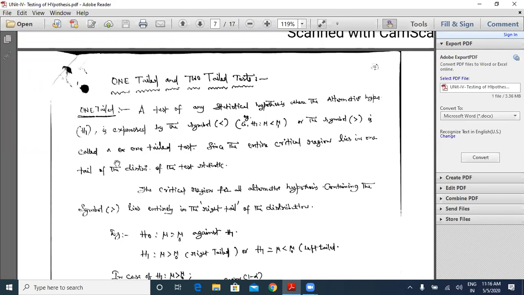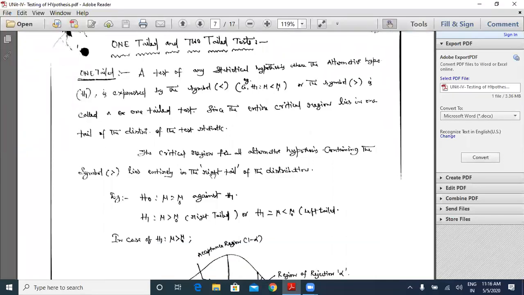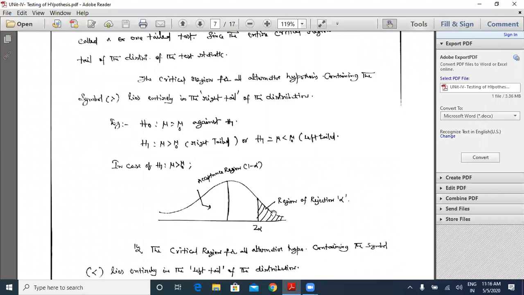These types of expressions, less than or greater than, are called one-tailed tests, since the entire critical region lies in one tail of the distribution of the test statistic. In case of a single tail test, the critical region will be on either side, when z is greater than mu naught.